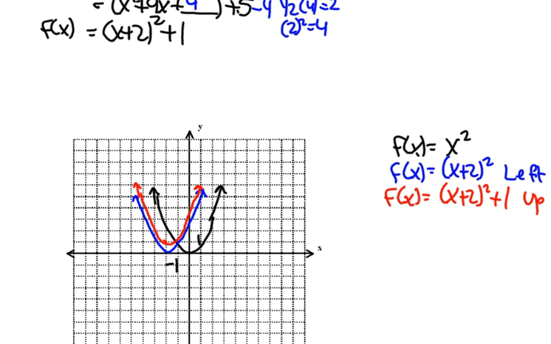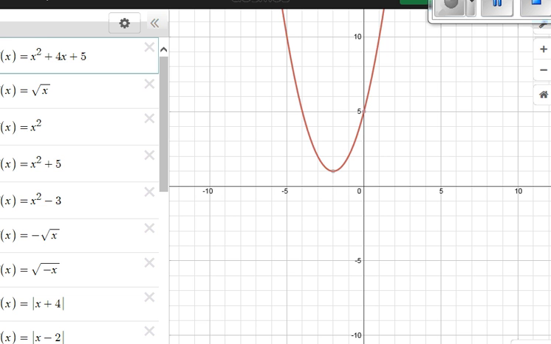So the red is my final transformed function. So again, completing the square gets it into vertex form so that I could use transformations to graph this. Now, I've graphed this on Desmos. As you can tell here, and my red, they are similar finishing spots and similar graphs.